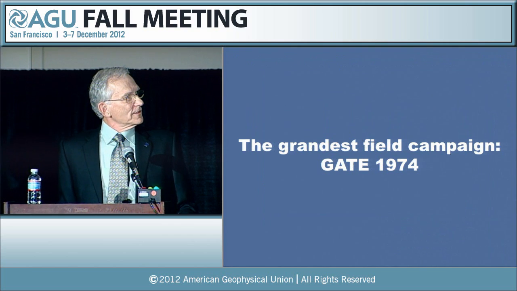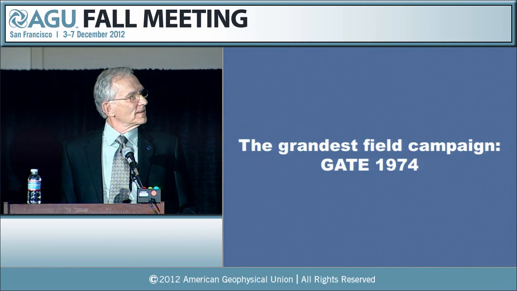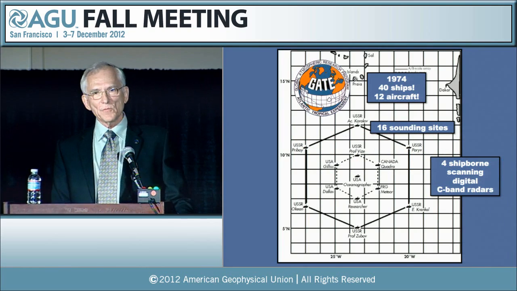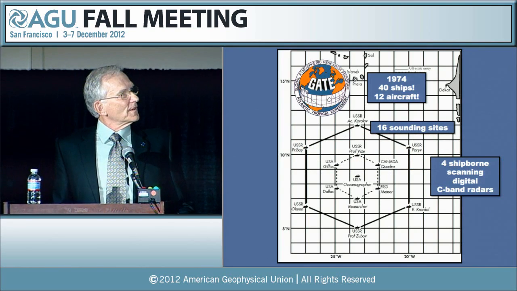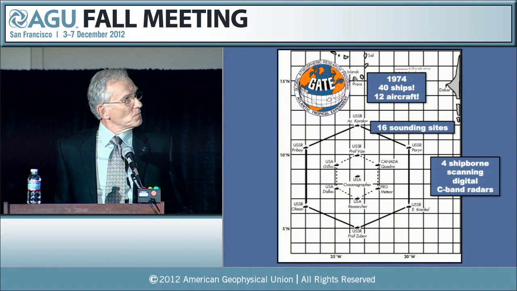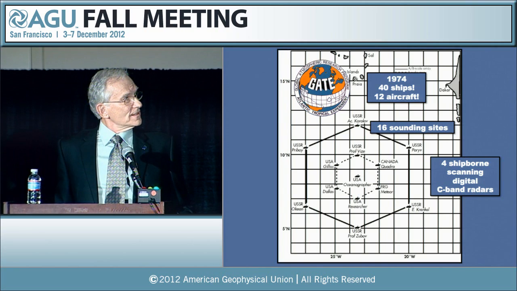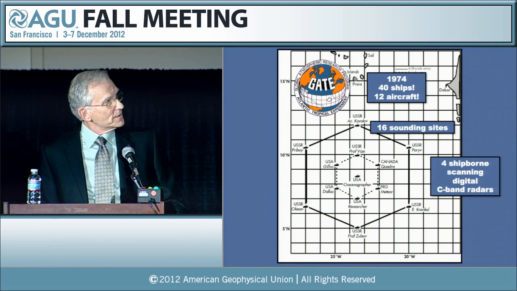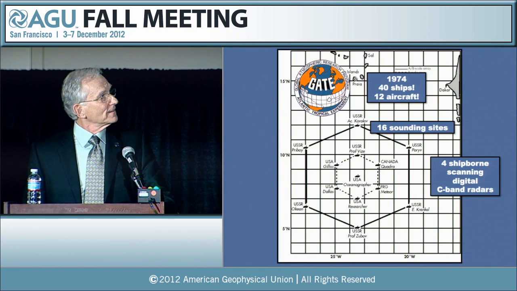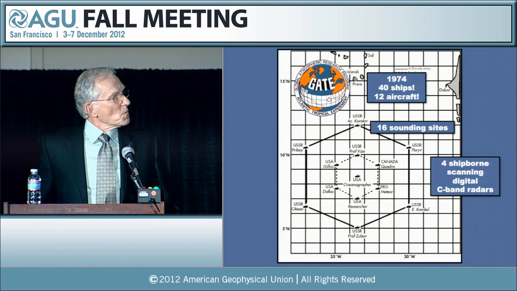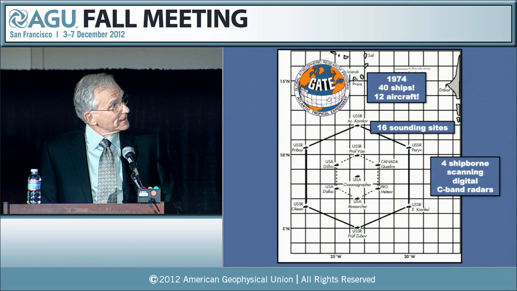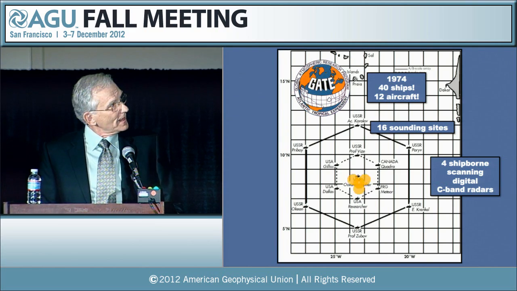GATE was the grandest field campaign. It's 1974. This was done on a scale that's unimaginable now. These were the platforms: 40 ships, 12 aircraft, and 16 sounding sites located on ships. Think of the cost nowadays to do that. The problem is the technology was still relatively primitive compared to what we have now.